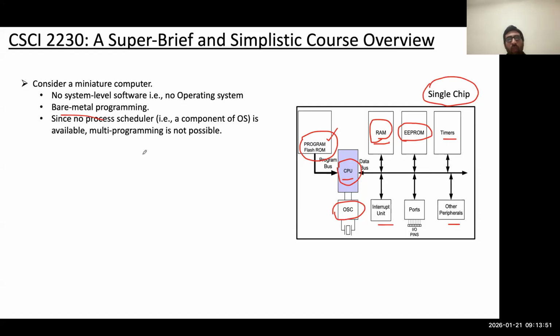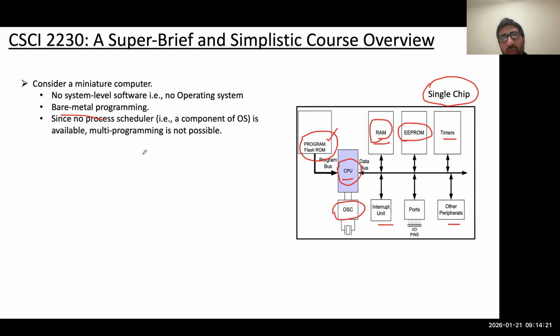Another thing about this kind of miniature computer is that we cannot run multiple programs or multiple processes on this platform at the same time. Why? Because if you need to run multiple processes or applications on a single computer, even for example your desktop computer, you need to have an operating system.